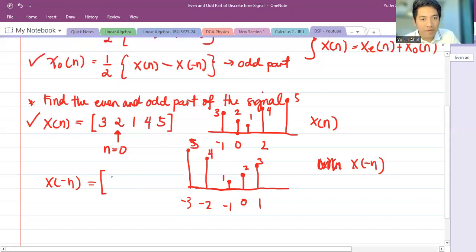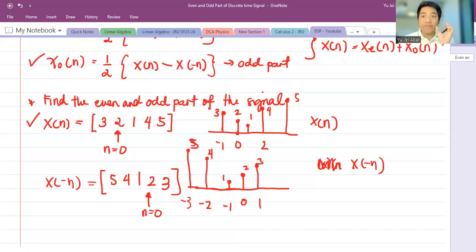We have 5, 4, 1, 2, and 3, and n equals 0 is still at 2. That's how you get the x of negative n of every discrete time signal. You just flip the signal about n equals 0, and you will get the folded or flipped signal.